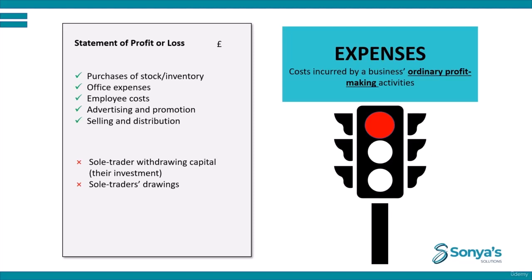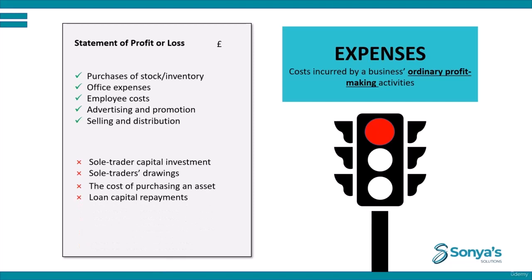If you recall from an earlier presentation, there's no separation between a sole trader and their business. They are not employees. So when they draw cash from the business, they are drawing from the business's profit or the business's capital. These types of transactions are not recognised as business expenses.